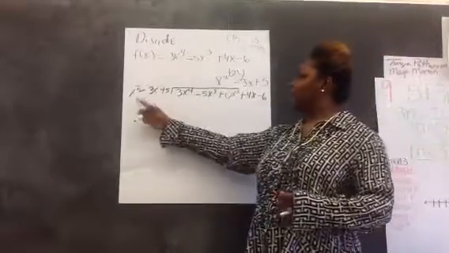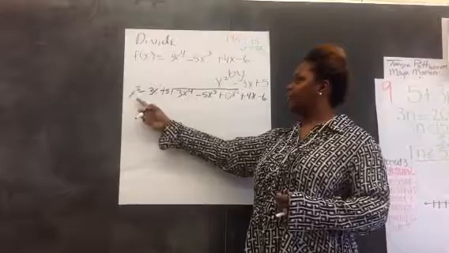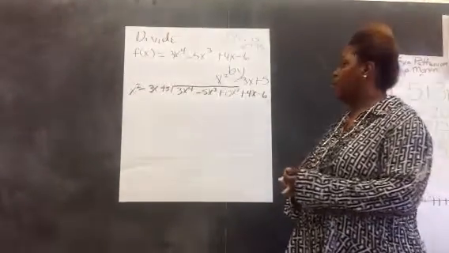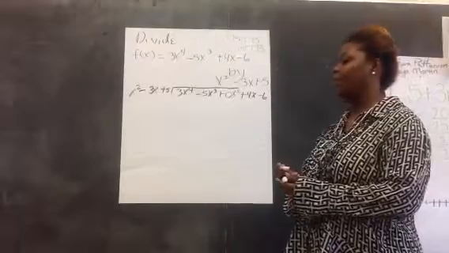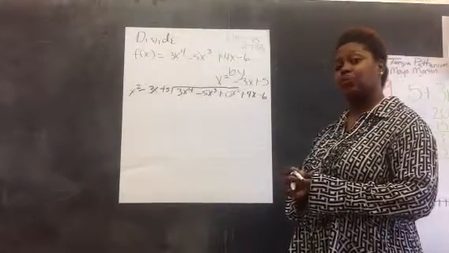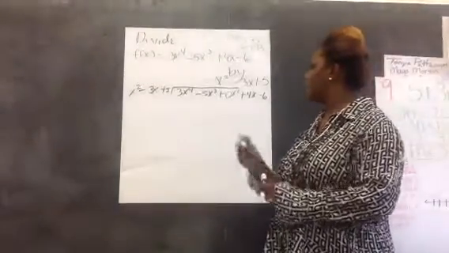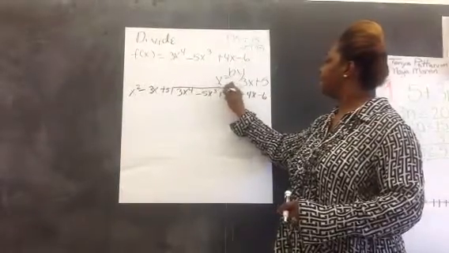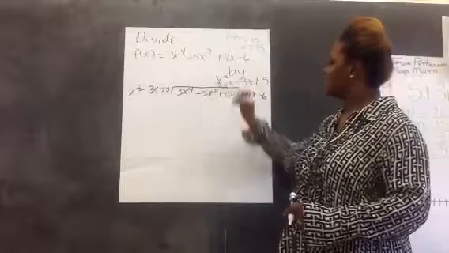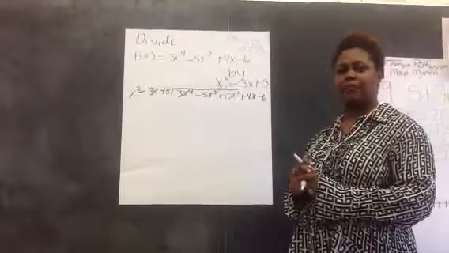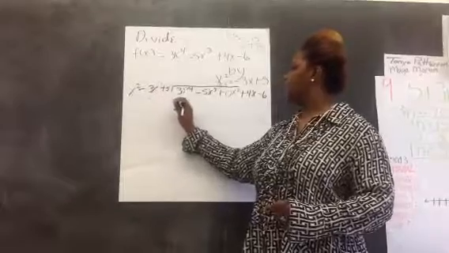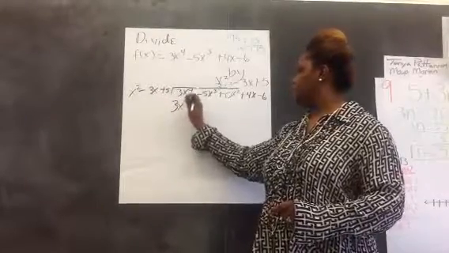So, I asked myself, what would it take me to move from x squared to 3x to the fourth? Well, in order to do that, I would need a 3x squared. So, I need a 3x squared. I'm going to put it at the top. 3x squared, okay? 3x squared times x squared gives me 3x to the fourth.